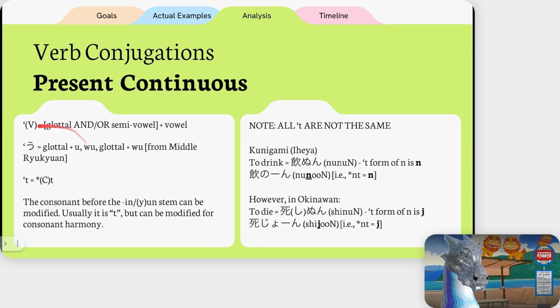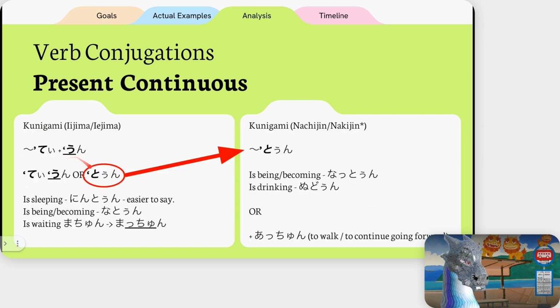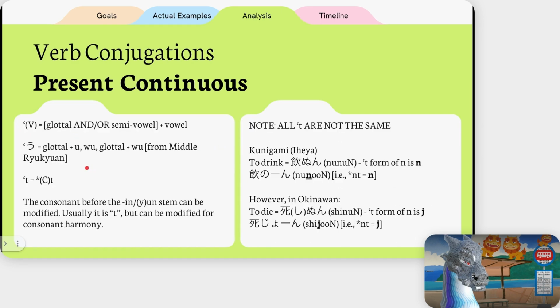Okay, so whenever I use the apostrophe, like here, you have an apostrophe u, it's basically a glottal and or semi-vowel plus vowel, just some sort of modified vowel, usually with a glottal or a semi-vowel or both. So you could just use oo or woo kind of thing.